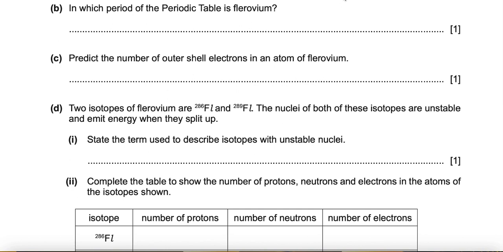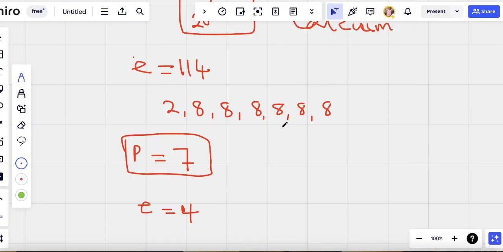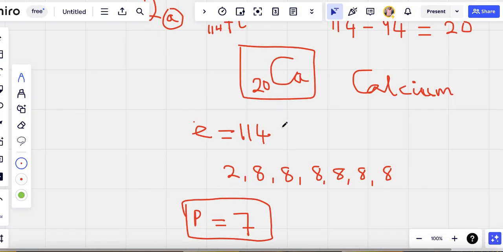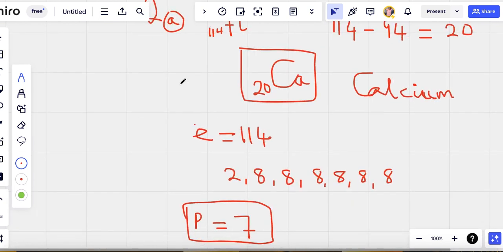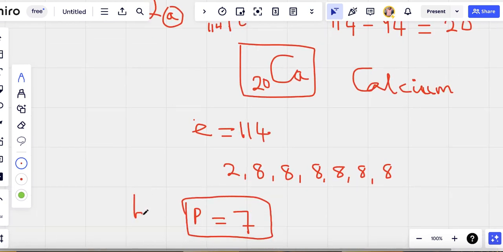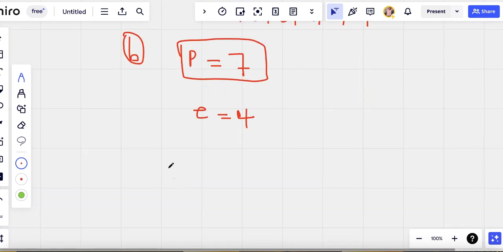So here we just write D, Roman numeral 1. This one was B, I guess. This one was C. Now we're in D, Roman numeral 1.